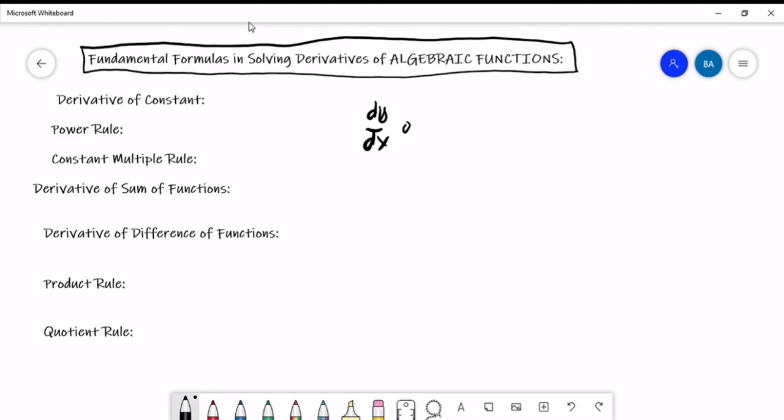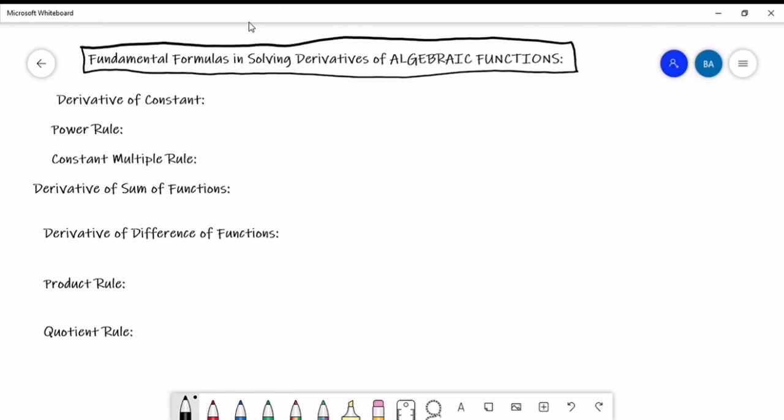So before we start the examples in algebraic functions, first we are going to enumerate what are the fundamental formulas in solving the derivatives of algebraic functions. The first formula that is really applicable in terms of algebraic functions is the derivative of a constant.